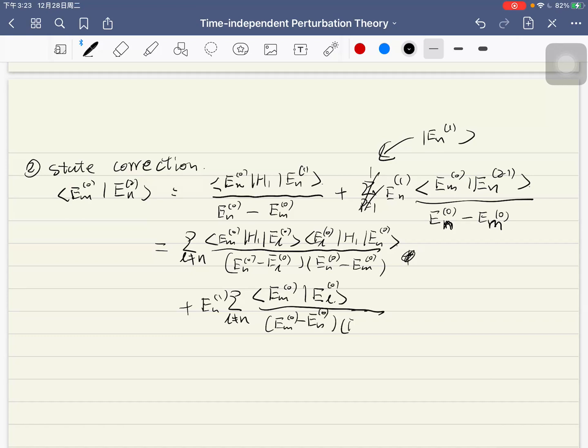Zero, and this becomes E_n0 minus E_l0. So this is the delta function, delta m l with some l, because m does not equal n. So we have the formula of this equals E1 over E_m0 minus E_n0 squared. There is a minus sign.